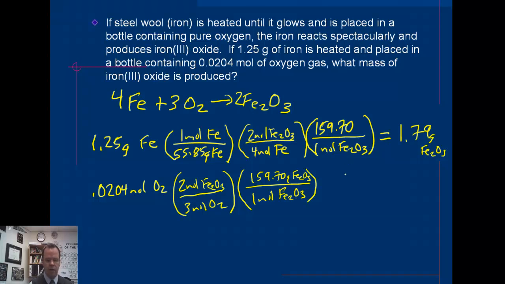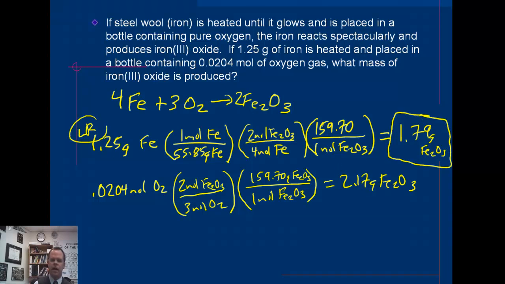We get 2.17 grams Fe2O3. So if all of the iron reacts, we produce 1.79 grams of iron(III) oxide. If all of the oxygen reacts, we produce 2.17 grams of iron(III) oxide. So that means in this case that iron is our limiting reactant, and we would produce 1.79 grams of Fe2O3.